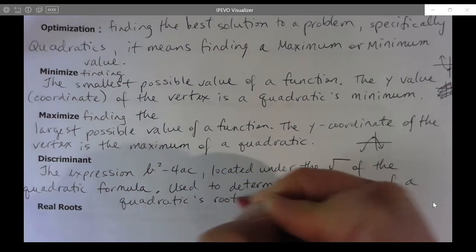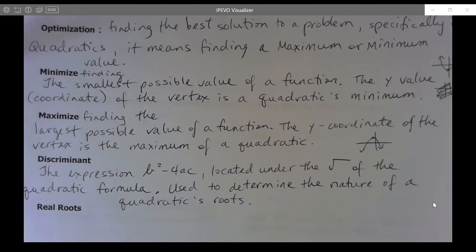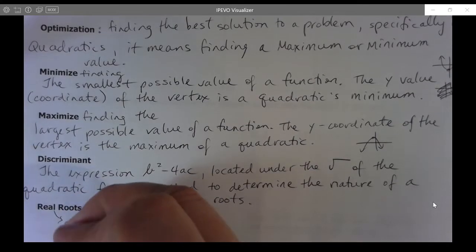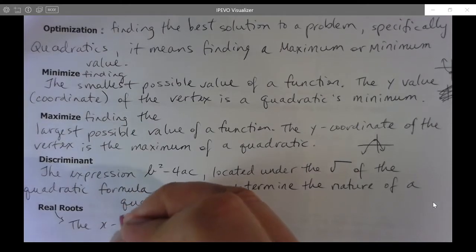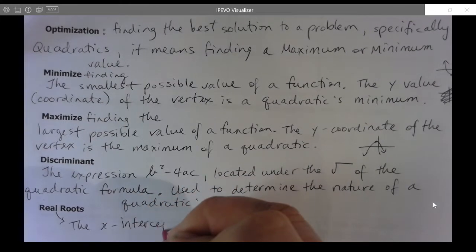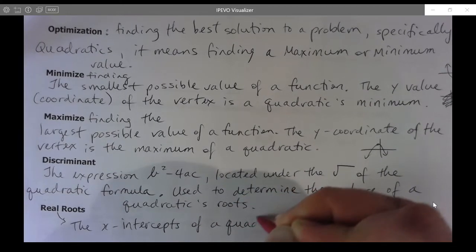Okay, and that takes us to what real roots means. Real roots are, of course, the x-intercepts of a quadratic equation.